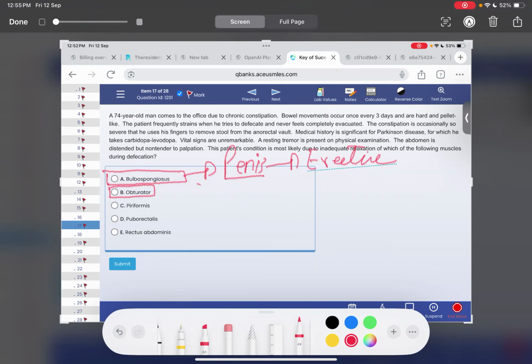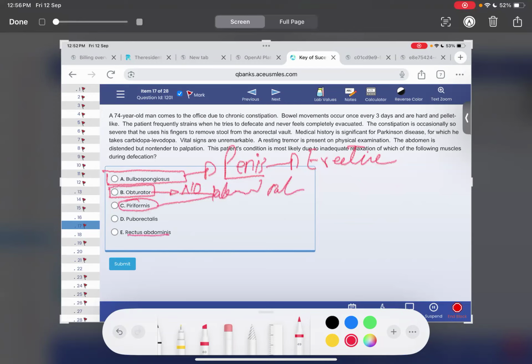The obturator muscle is present in the hip joint and helps to rotate the hip laterally. It is a lateral rotator of the hip joint, and the piriformis is also a lateral rotator. Both are lateral rotators of the hip joint.